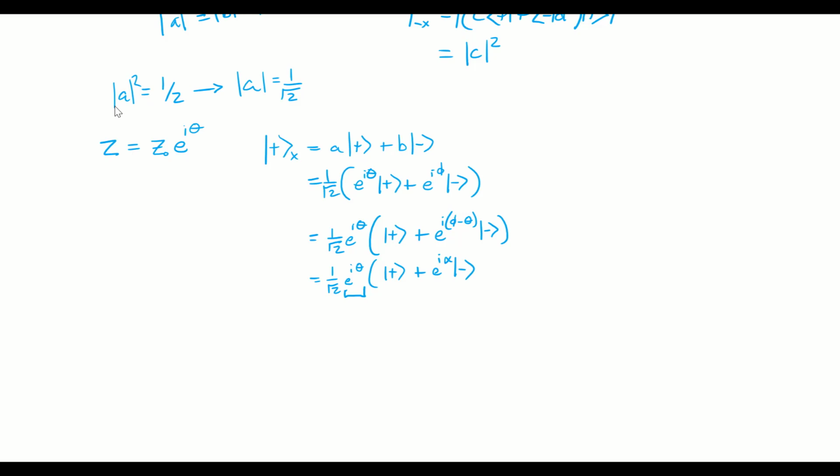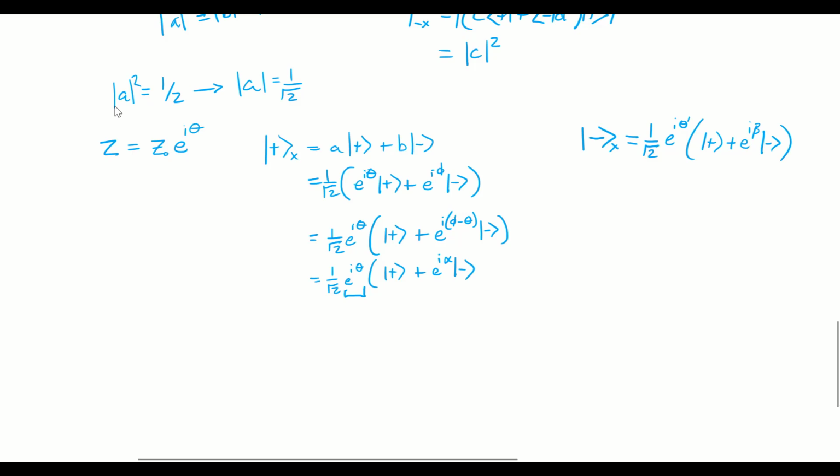So we're going to try and figure that out. The other thing: if we were to do this same thing for the spin down in the x direction, we would get the same thing and be able to write 1 over root 2 e to the i, just so they're different, theta prime, plus e to the i, and we'll call this relative phase beta.